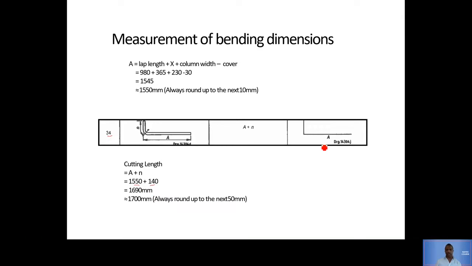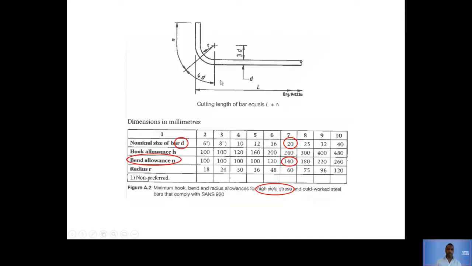You add it, you get the total length of it. That's it. There it is again. It has an L now and an N. So there we go. N is given 140. The size of the bar, how thick it is, you just read it off the table.